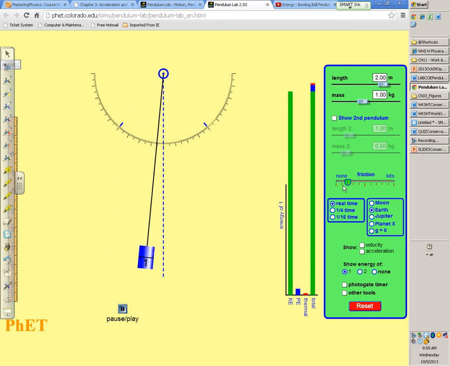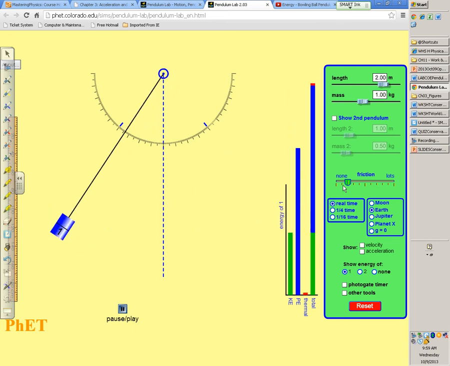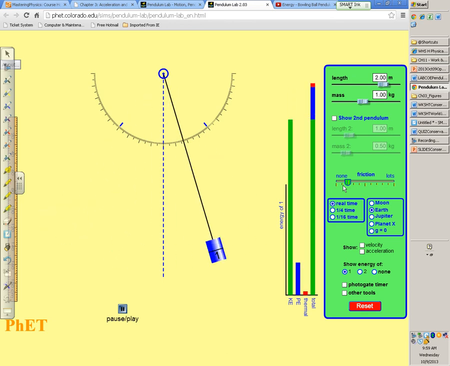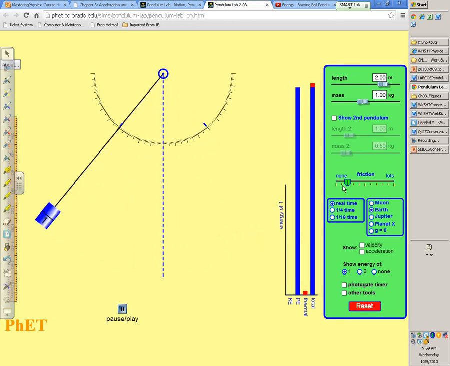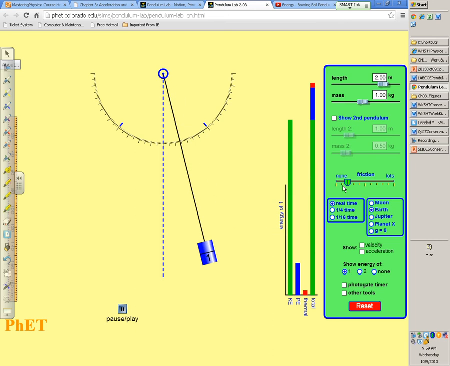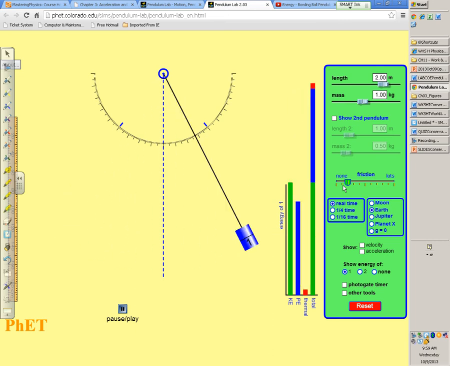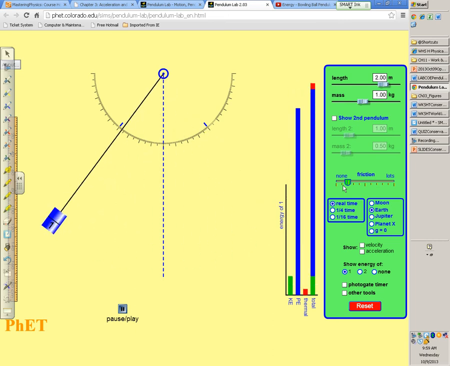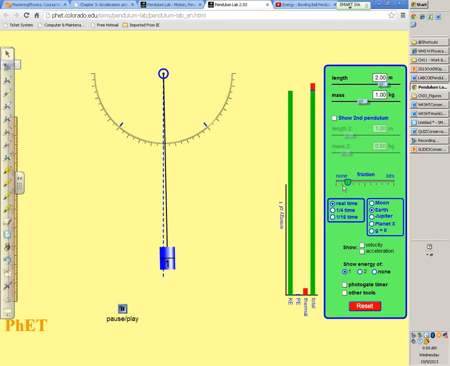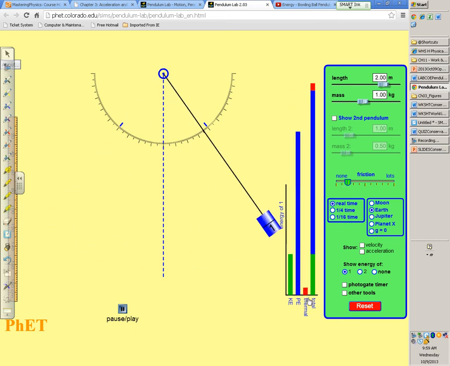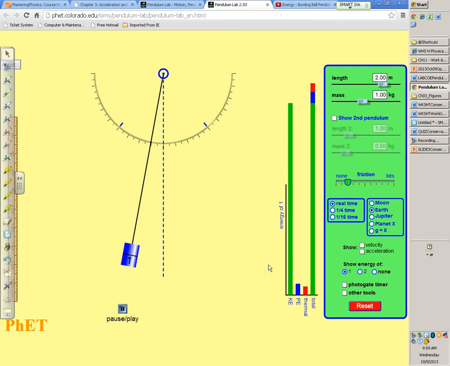So now I have increased the friction, and a new line starts showing up on my set of bar graphs, right? What line is starting to show up on that bar graph? Thermal, right? This red line right here keeps getting bigger and bigger and bigger.